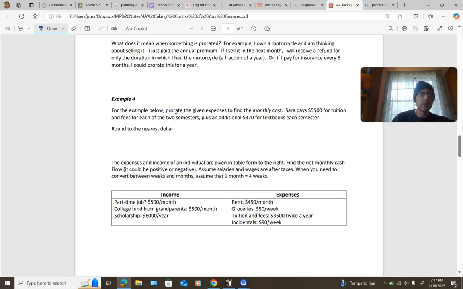So basically, we've got $5,500 plus the $370 for books. If we add that together, that's going to give us a total of $5,870 per semester. We know there are 2 semesters in a year, excluding summer terms.